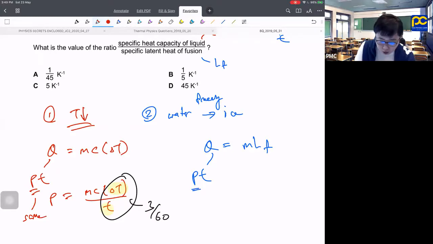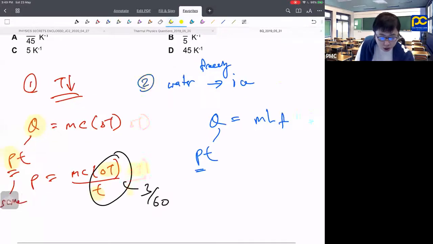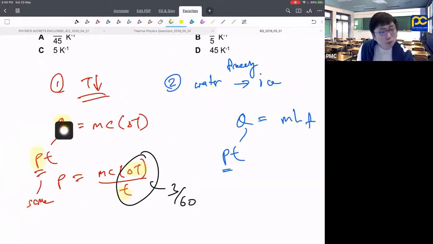I repeat, do you know that many students do not know the difference between P and Q? Q may not be the same; it may not necessarily be the same. But the power is always the same. For example, I use a heater to heat you up. The power is always the same, but the time duration may be different. So Q can be different, our power is the same. You need to know that.